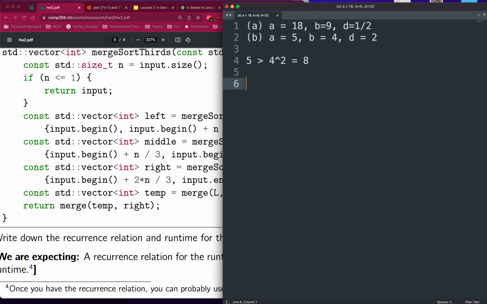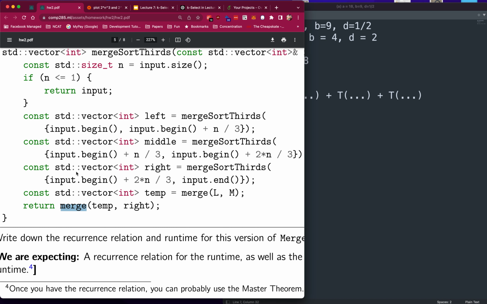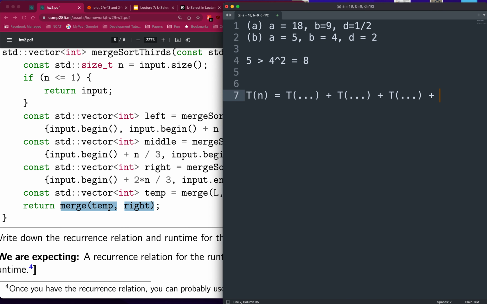So our recurrence relation is going to be something like T of n equals, we're going to call ourselves on something 3 times. And then at the end, after we call ourselves, we call merge. We know merge takes big O of n time.